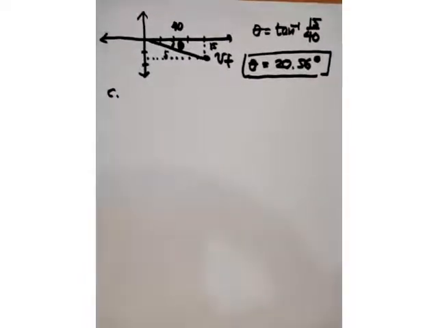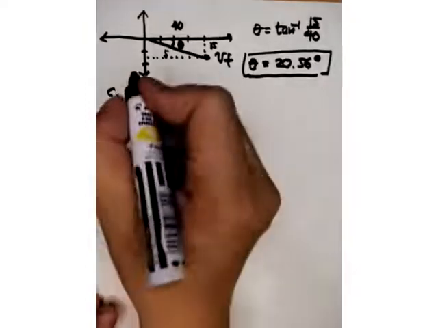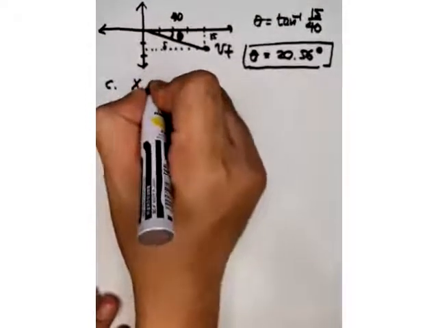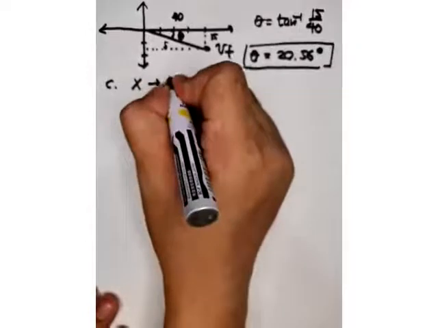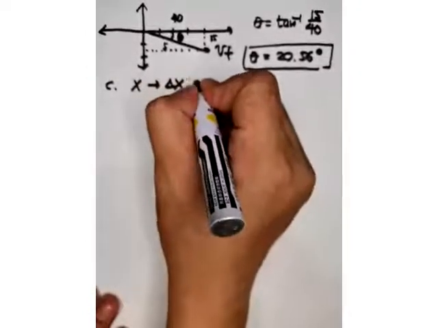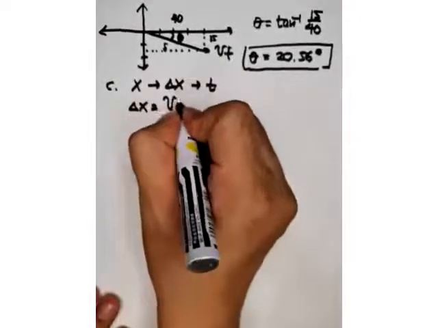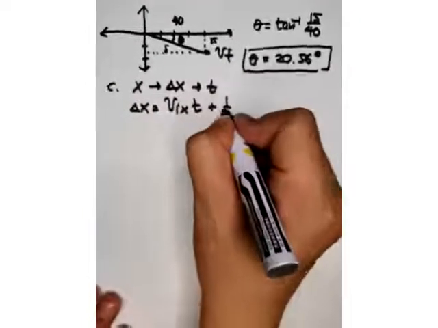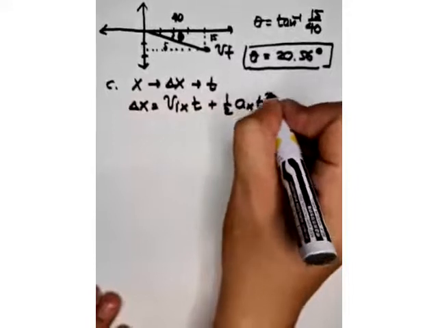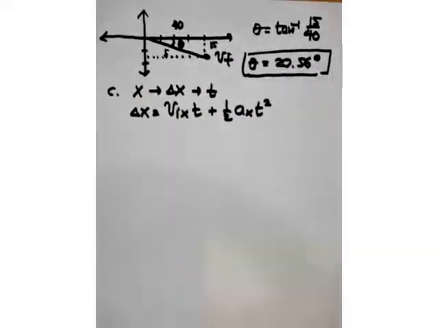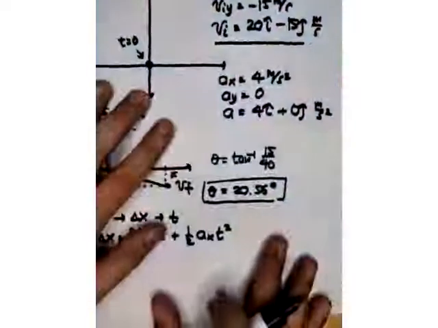Ayan. So, letter C. Determine the x and y coordinates of the particle at any time t and its position vector at this time. Okay. So, yung una, yung x, gagawin nating delta x at any time t. So, formula natin is delta x is VIXT plus 1/2 AX t squared. Okay, so let's go back to the given. Ayan.